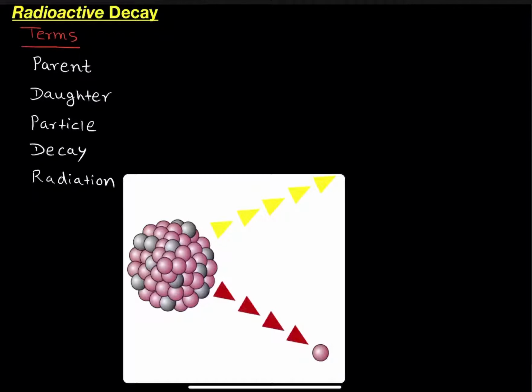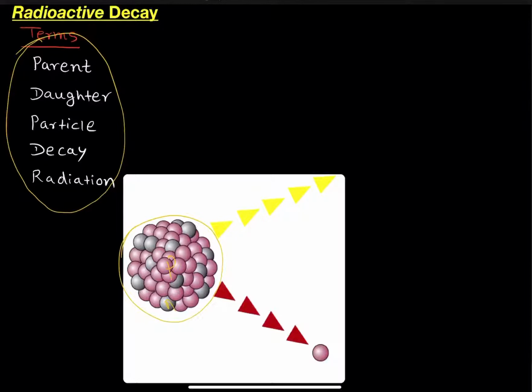And here is the list of the terms we will encounter during our discussion: the parent, daughter, particle, decay, and radiation. Here, as you can see in the picture, you have the parent nuclei, where you have protons and neutrons.